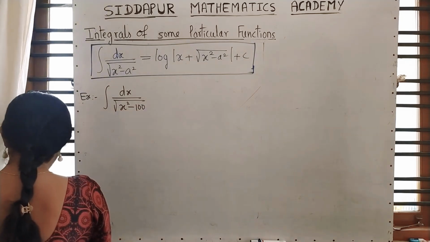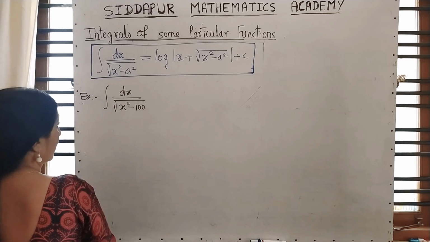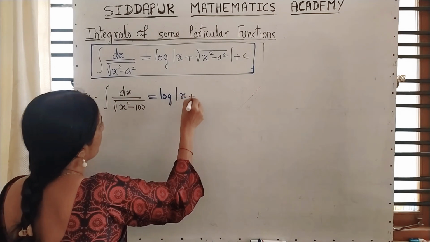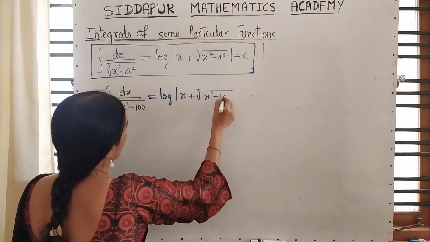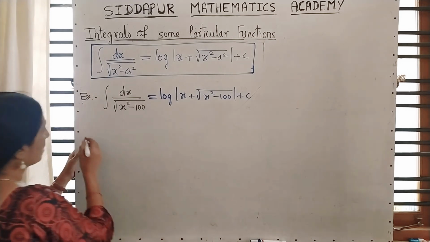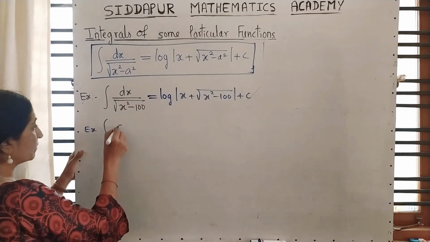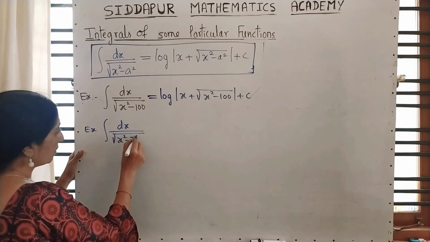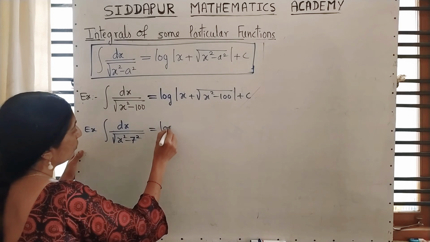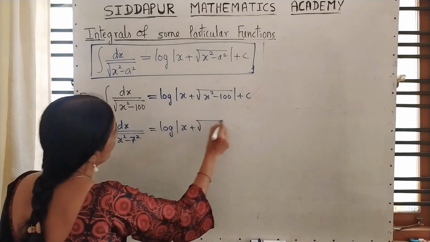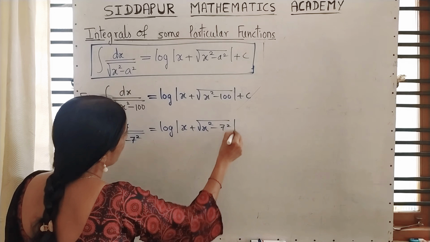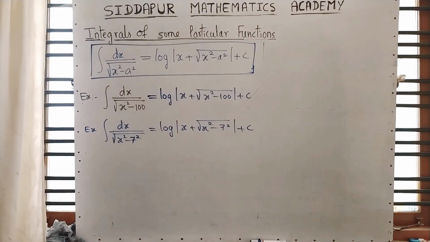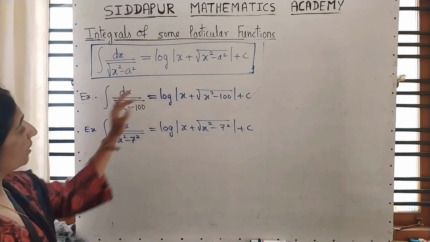How do you write 100? 100 will be written as 10 square. It is the log of x plus root of x square minus 100 plus c. One more example: dx upon root of x square minus 7 square. That is the log of x plus root of x square minus 7 square plus c. See, like this we have to use the formula directly. Here don't derive, directly use the formula.